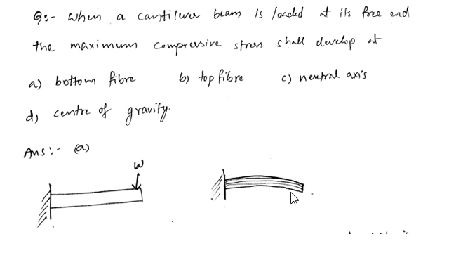Bottom fibers are compressed, meaning the corresponding stress is compressive stress. At the neutral axis, we don't observe any stress. So from the neutral axis, when you go upward, the stress will be increasing, and at the outermost layer you will get maximum stress. So he's asking for maximum compressive stress, meaning the bottommost layer will be subjected to maximum compressive stress in this case. So option A is the right option for this question.